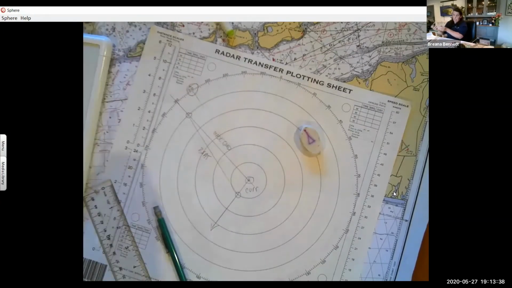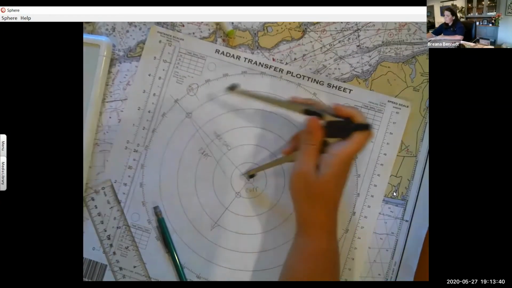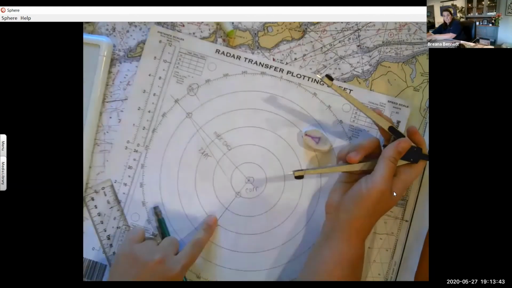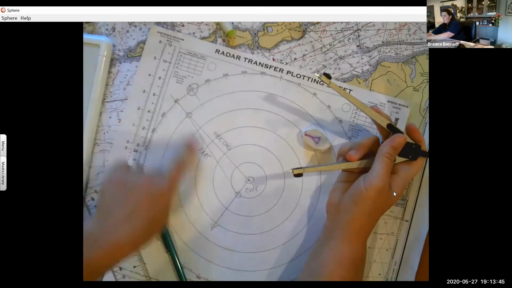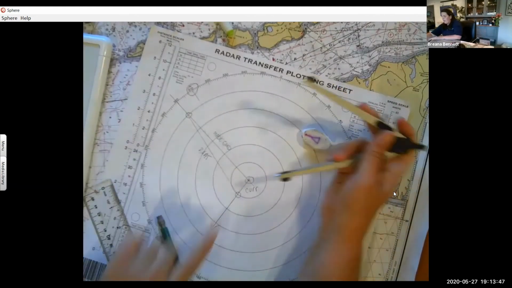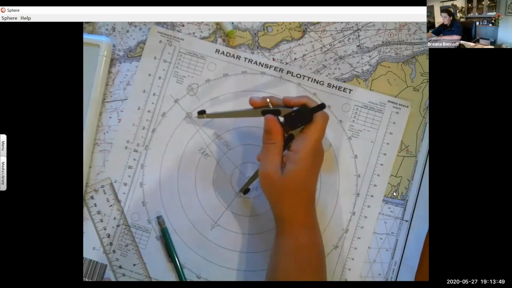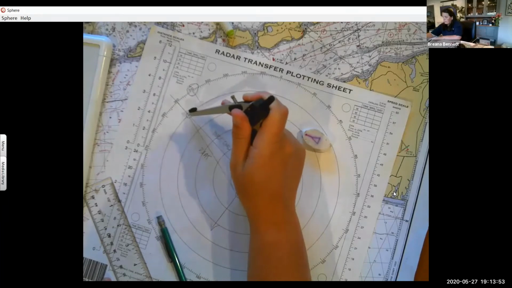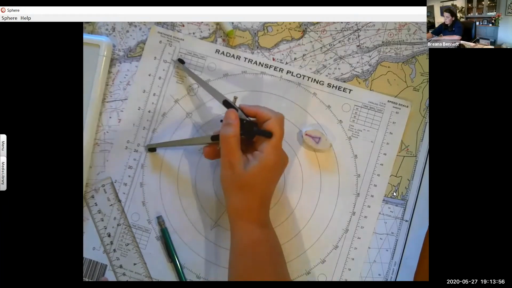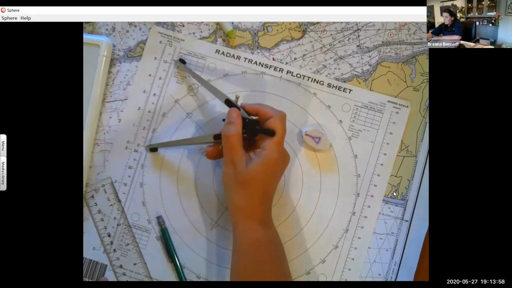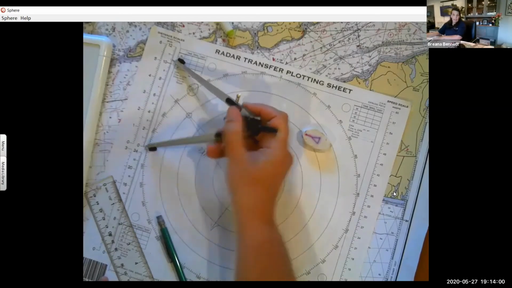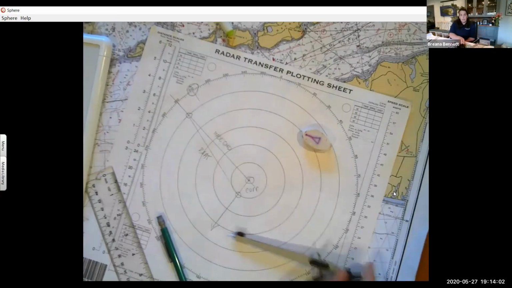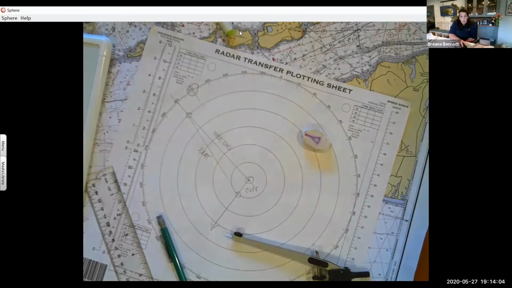The speed I need to make is pretty perpendicular to my made good desired speed, so I'm assuming it's going to be pretty similar to what my desired speed was. A little bit more: 10.5. I need to make 10.5. So let's go back to our PowerPoint.